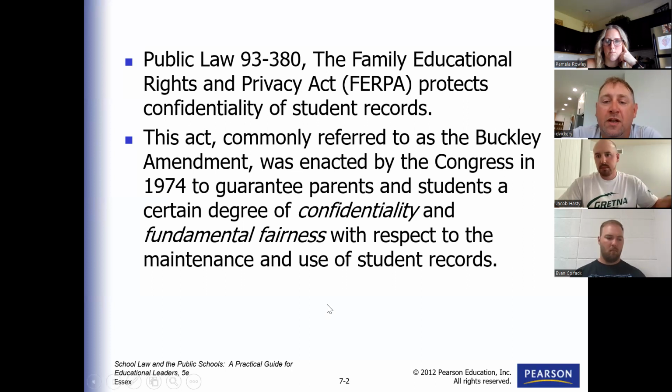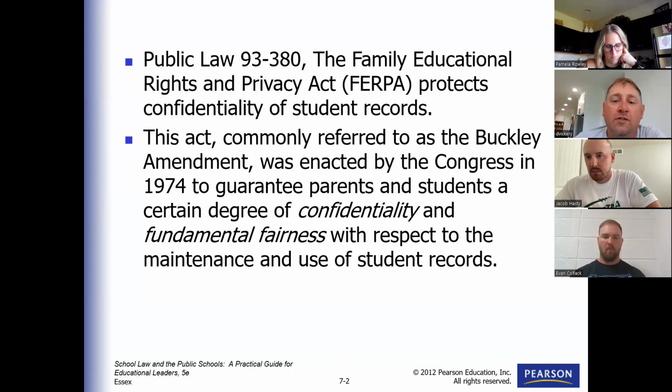Another thing we did in the school district is we took a lot of care in preventing unauthorized access to student information. Some examples of that: only the teacher of record had access to grades and a lot of the information. It wasn't accessible by everybody in the school.